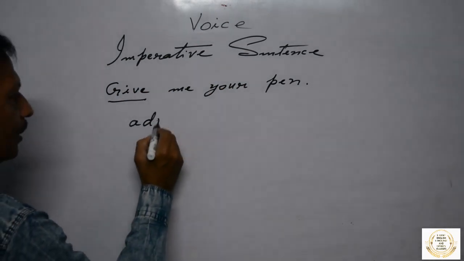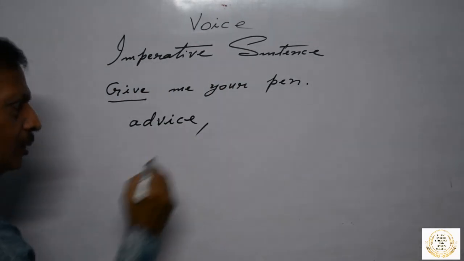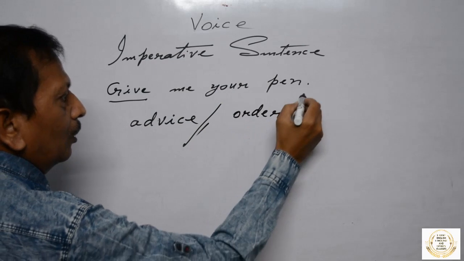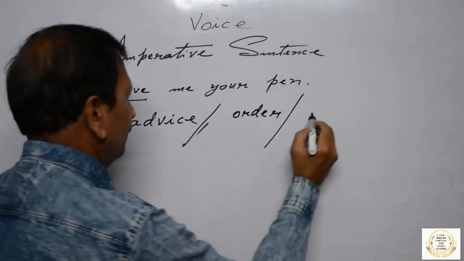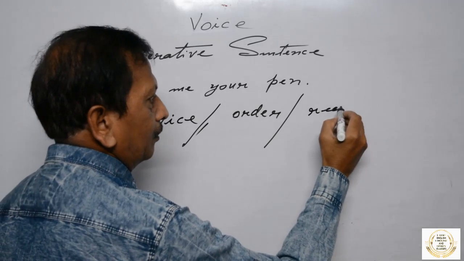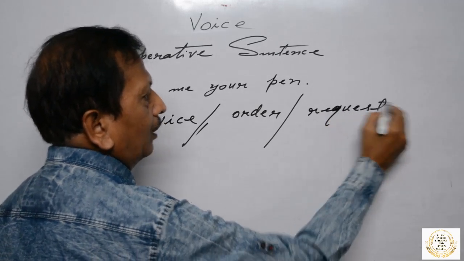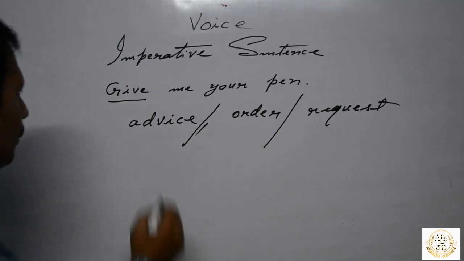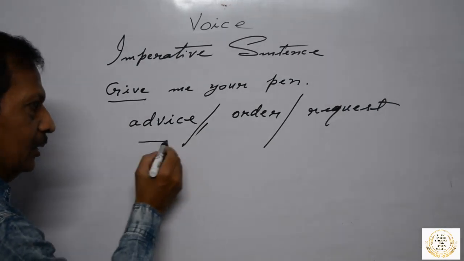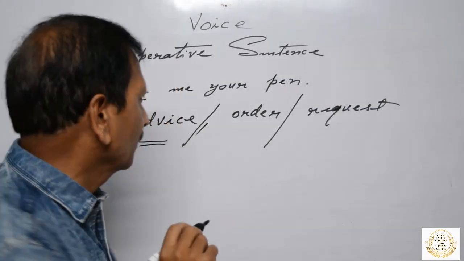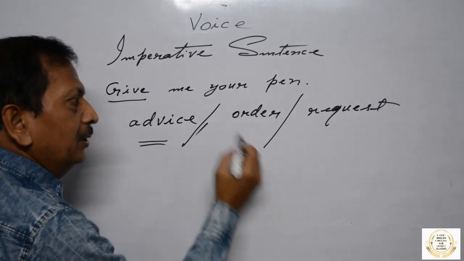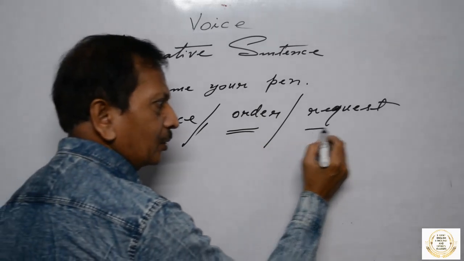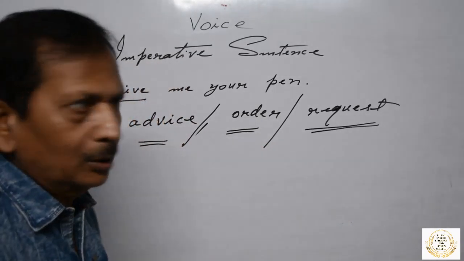Either it is advice, or it is order or command, or it is request. Okay? First you have to decide. So if you feel it is advice, for this there is a separate single rule. And if you feel it is order or command, for this there is another rule. And if it is request, there is another rule for this.